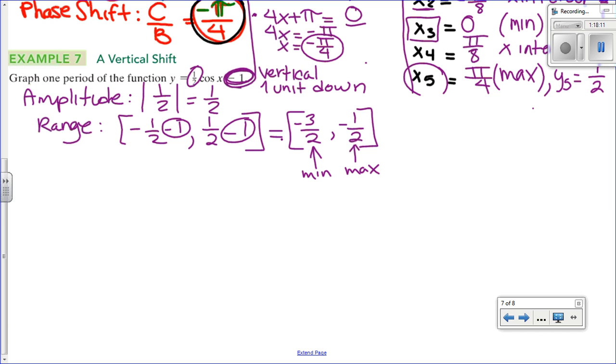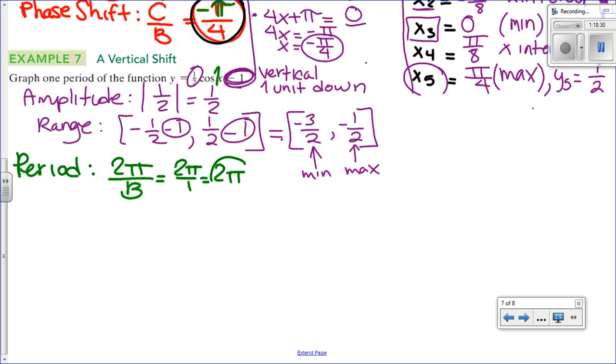Now, the period for this function stays the same. The period is going to be 2 pi divided by b, and b is the constant that goes here with the x, so it will just be 2 pi divided by 1, which is 2 pi. So the period is not changing, and if you notice, we don't have any type of reflection along the x-axis.